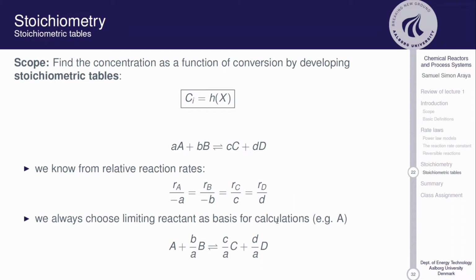The limiting reactant is the reactant that dissipates or disappears first, or the reactant that we don't have enough of at some point.